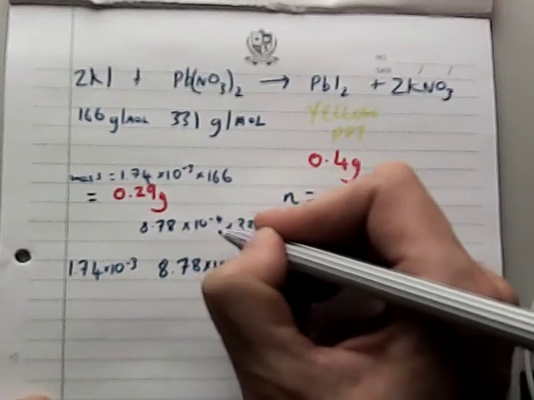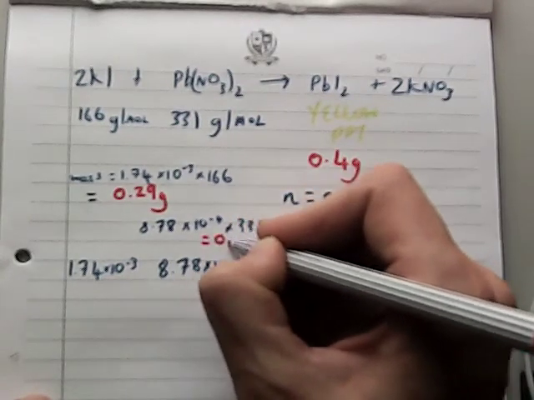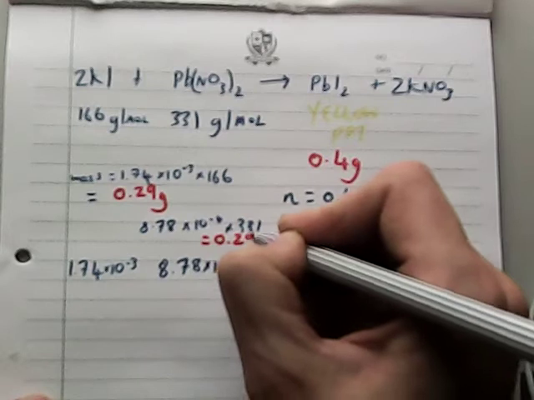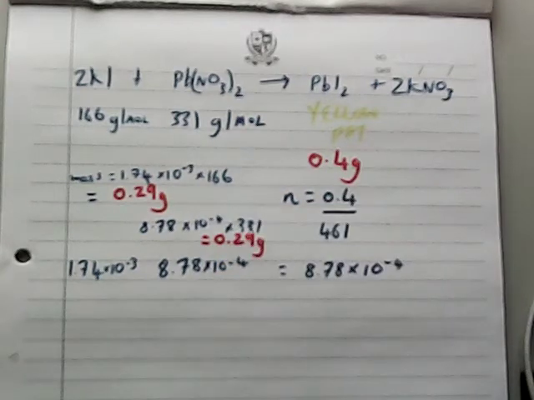So actually 0.29, very similar masses there. Now if you add together 0.29 and another 0.29, you get 0.58.